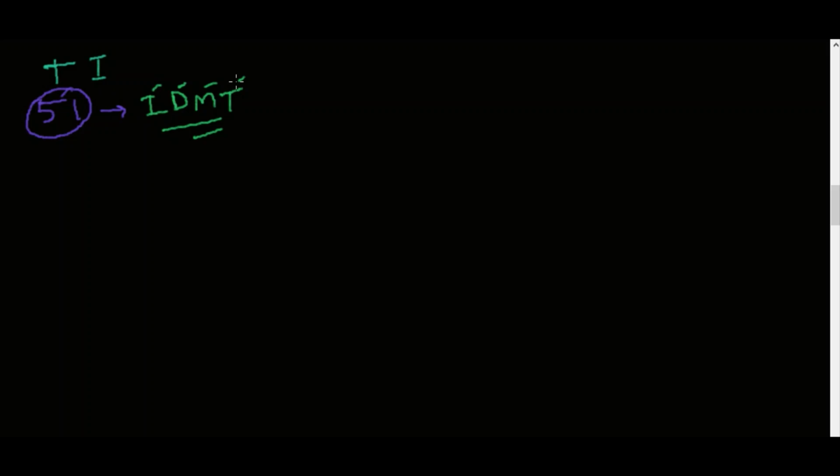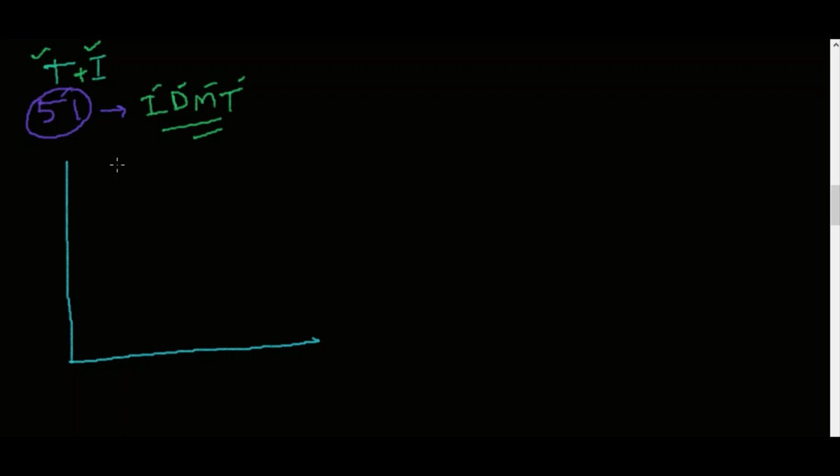So with the help of this IDMT characteristic of the relay, we can overcome the problems related to time-only discrimination or current-only discrimination, because this is the combination of both time and current discrimination. Let's draw this curve.